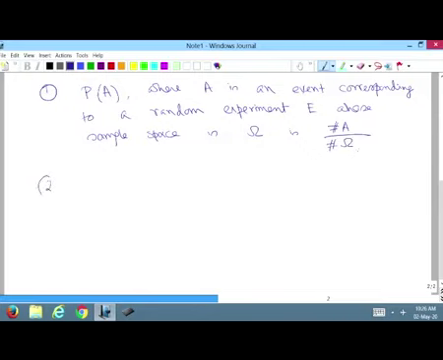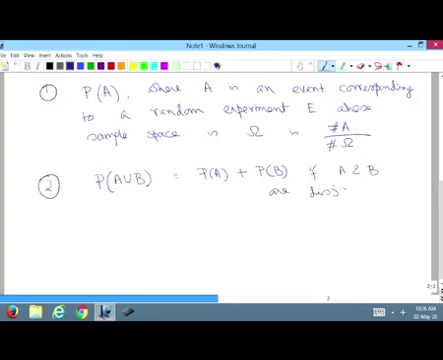And another thing that we will be using is from event algebra: probability of A union B is equal to P A plus P B if A and B are disjoint.